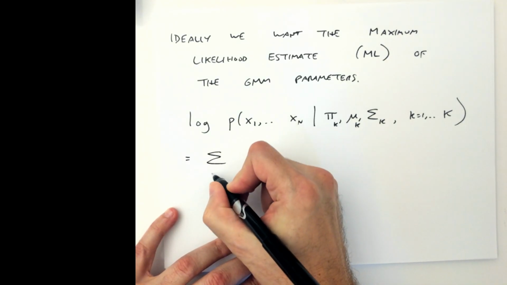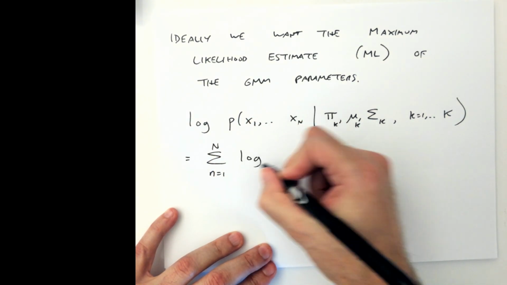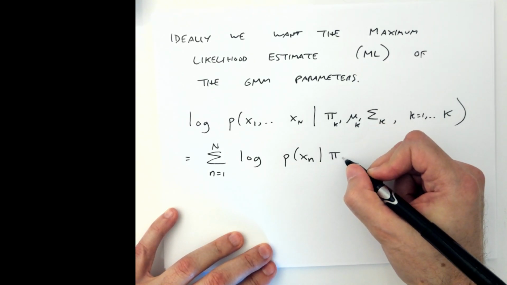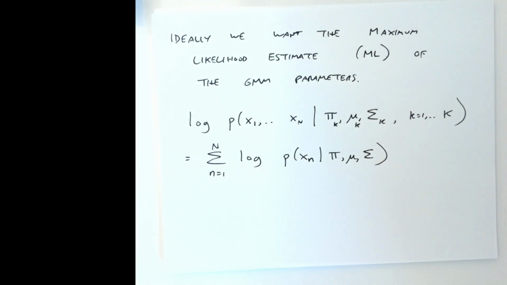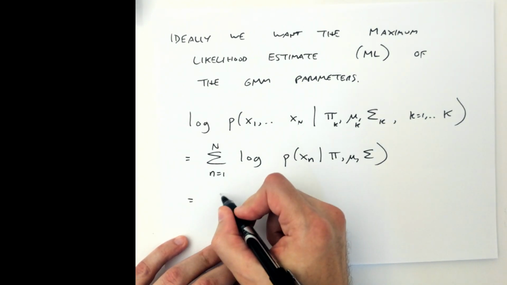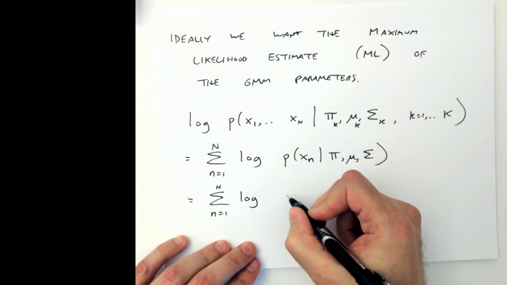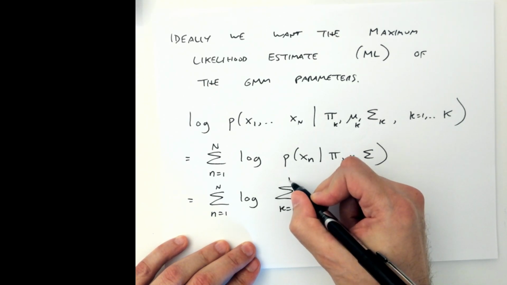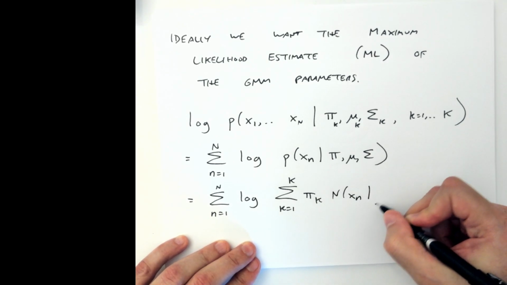That's not so bad. Under IID conditions, I just look at the probability of seeing each data point. But now if I write down what this probability is, it's what I wrote down a couple slides ago. It's the log of the sum of this thing.